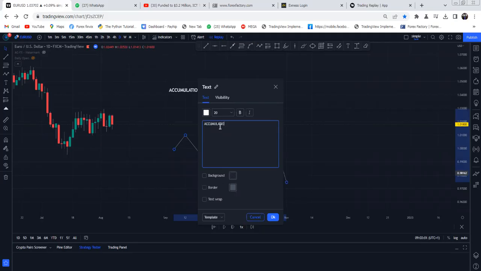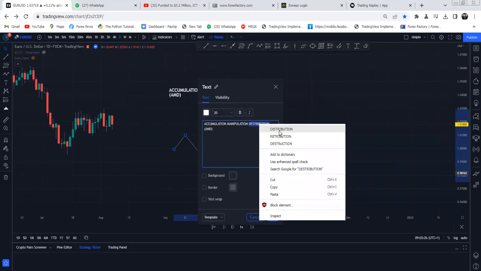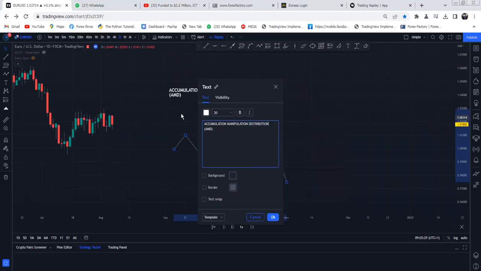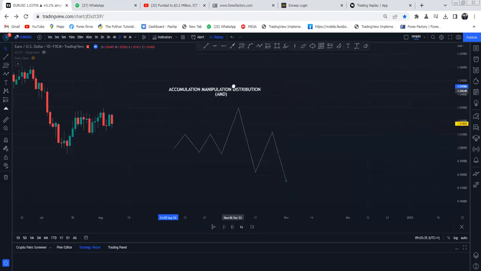Accumulation, manipulation, distribution, brackets, AMD. That's our topic: accumulation, manipulation and distribution.